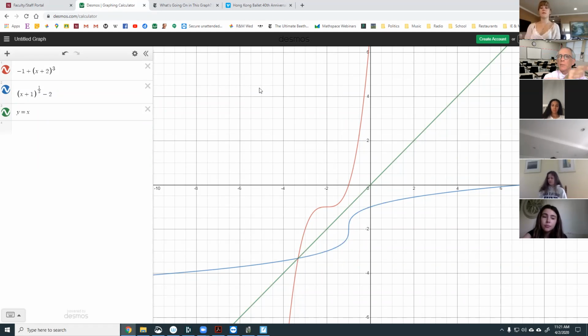If I switch my x's and my y's, the graph just reflects right over that line y equals x. And that will be true for all inverses. So it's another way to check whether a function is an inverse of another function: you graph both functions and see if they reflect over the line y equals x. If they do, then it gives you more evidence that they are inverses.